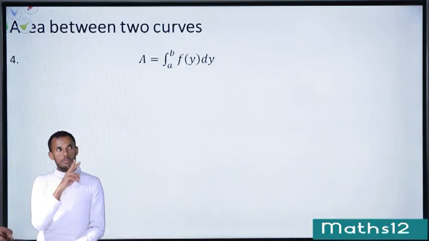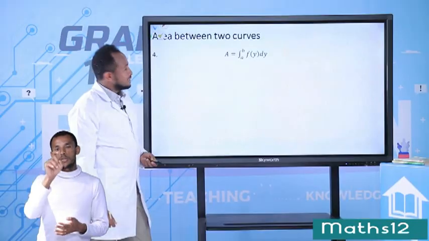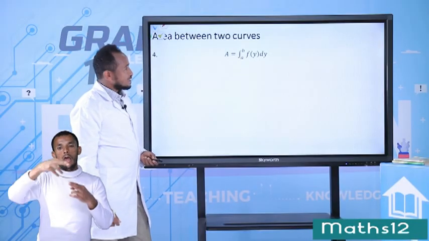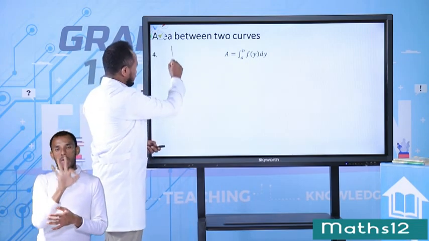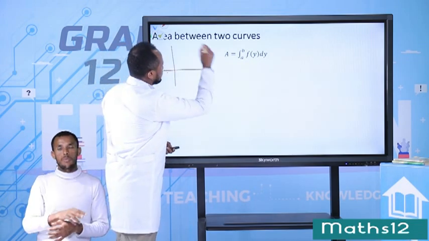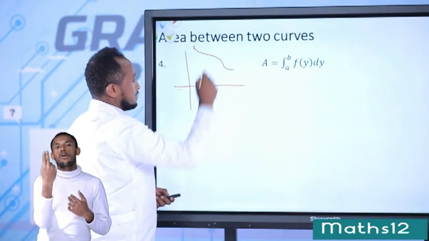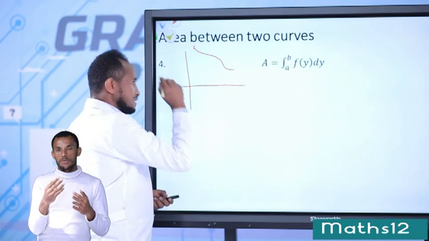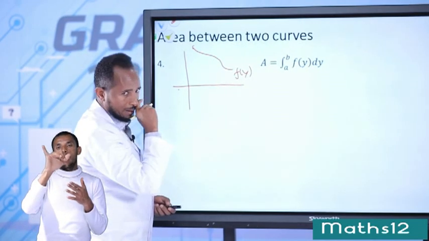Now the fourth one, sometimes you may be asked to calculate the region bounded by the function and y-axis. Look at this one. You have a certain function here. That function must be written in the form of variable y, f of y.